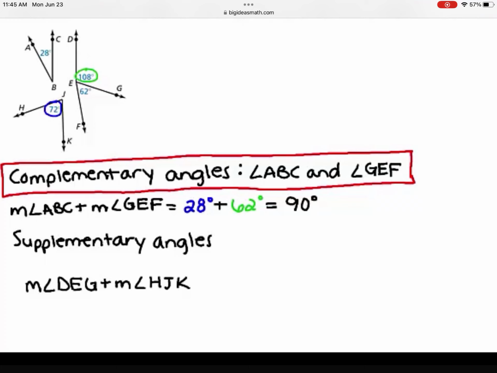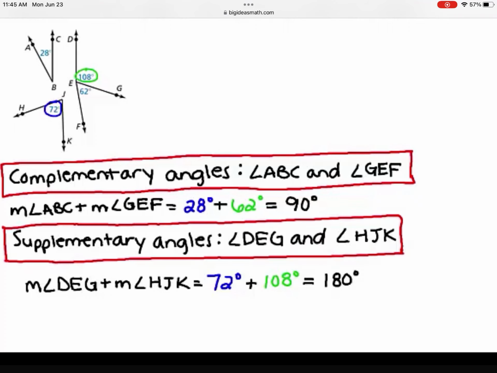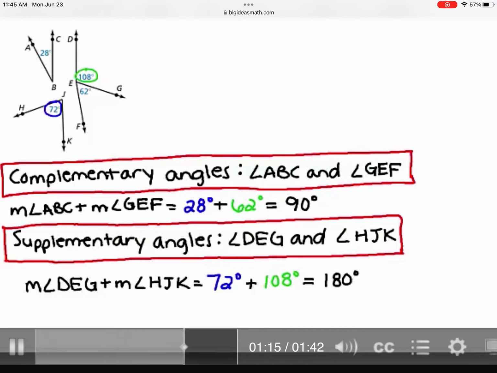When you add these two angle measures together, 72 degrees plus 108 degrees gives you 180 degrees. Therefore, angle DEG and angle HJK are supplementary angles because their measures have a sum of 180 degrees.